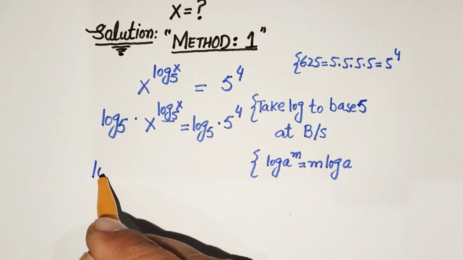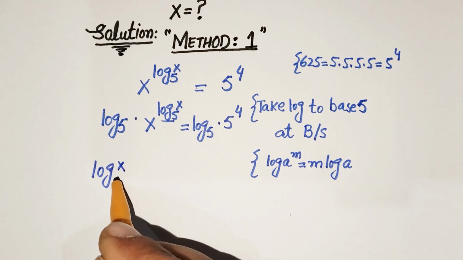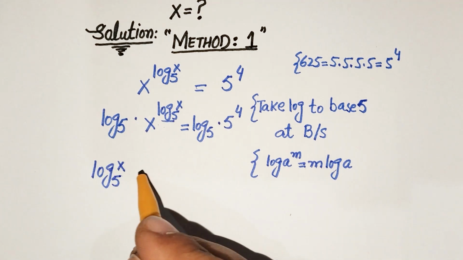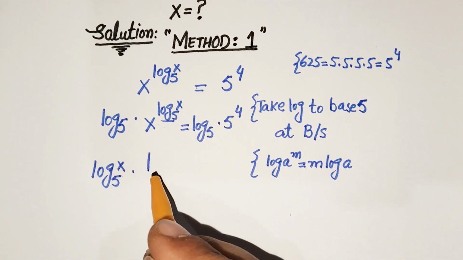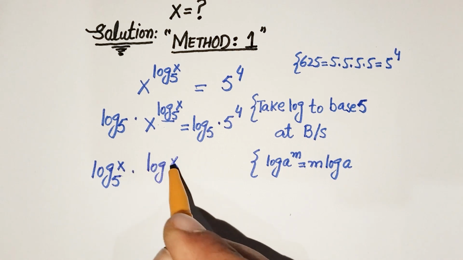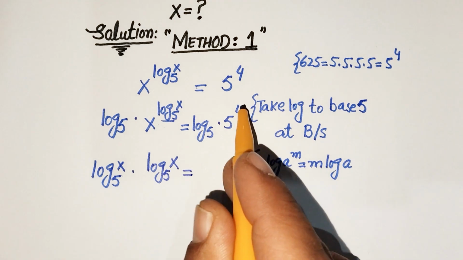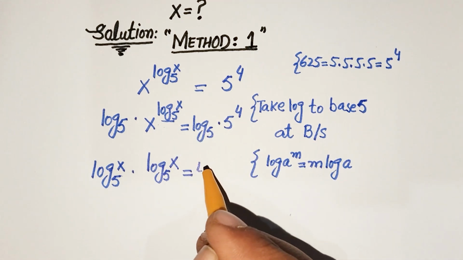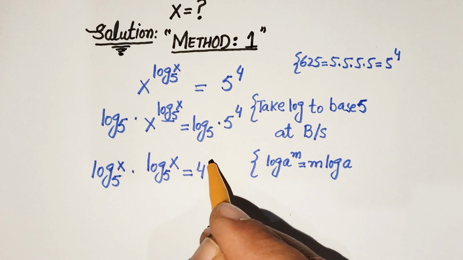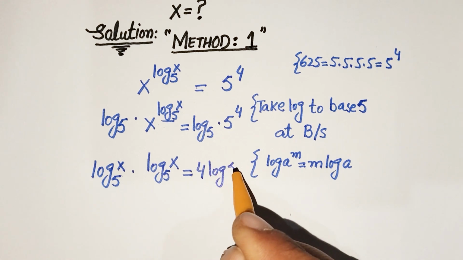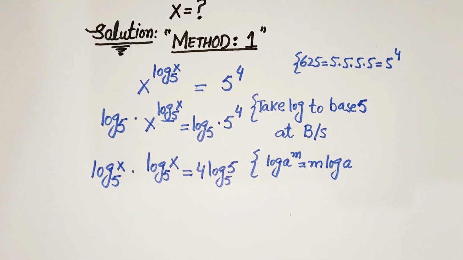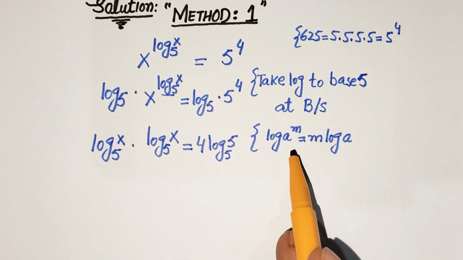So here we are going to shift log x with base 5 and then times log x with base 5, which is equal to, for shifting here, then we get 4 with log 5 base 5. So here we just used this logarithm law.